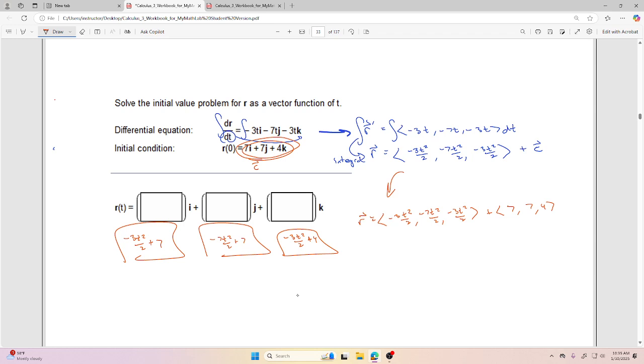This is the kind of integration I like. Not that Cal 2 stuff. No way. No. Yeah, no. Not that. Yeah, trig sub. Right there. That's enough.